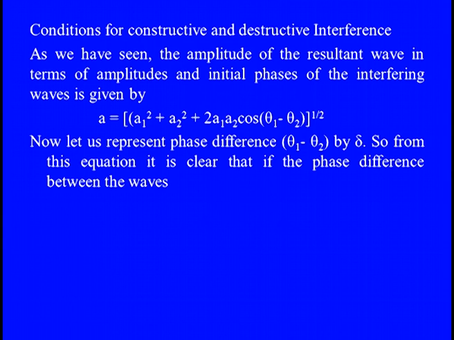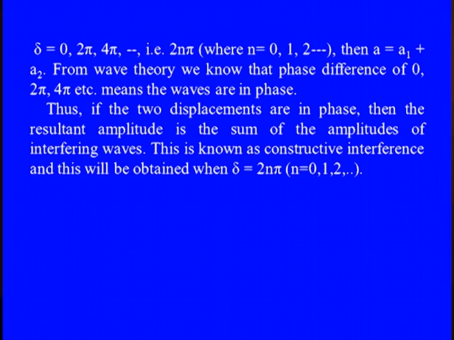Now let us represent the phase difference theta 1 minus theta 2 by delta. So from this equation it is clear that if the phase difference between the waves delta is equal to 0, 2 pi, 4 pi or in general 2n pi, where n is equal to 0, 1, 2, 3 and so on, then A equals A1 plus A2.